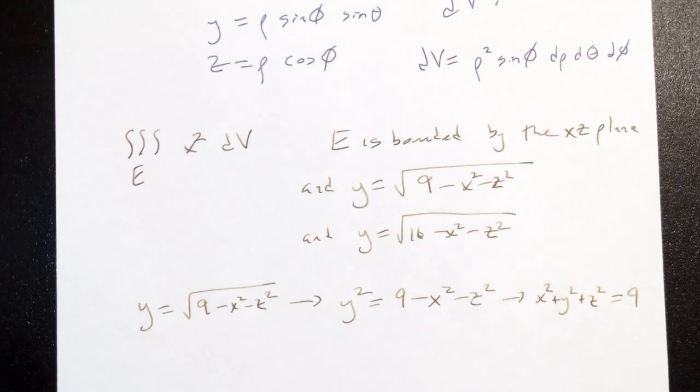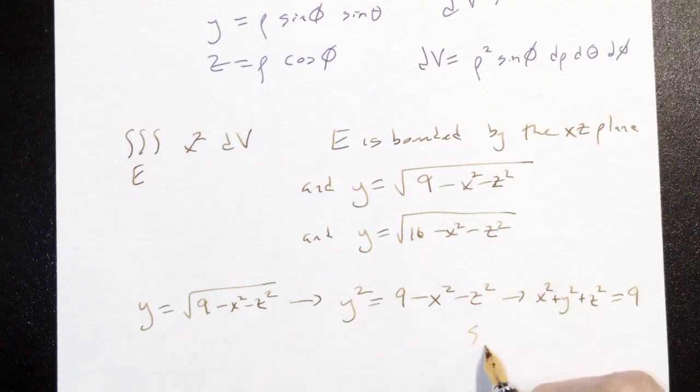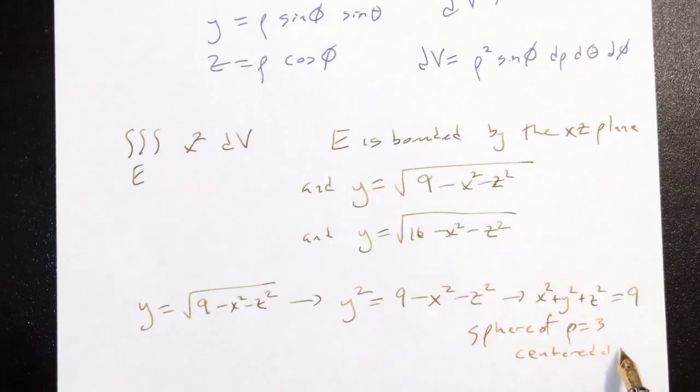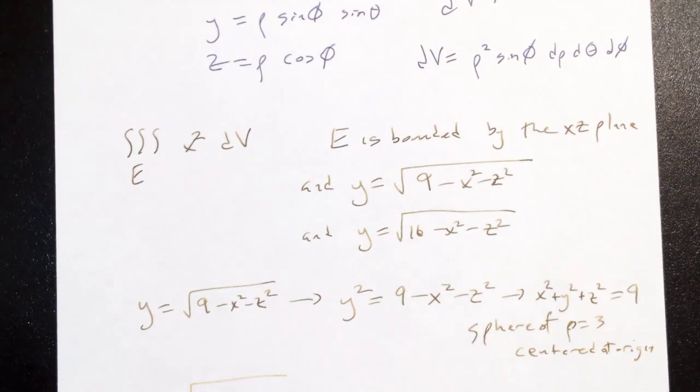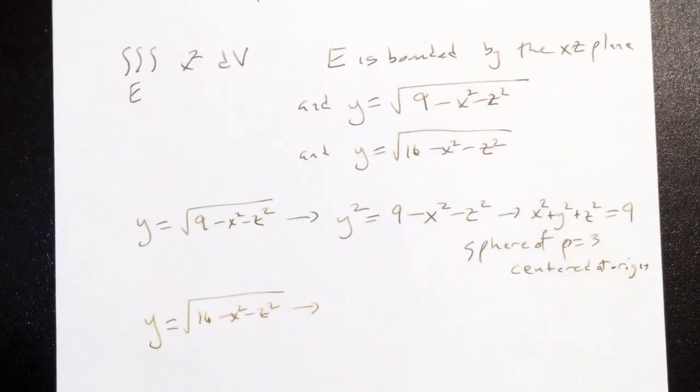A sphere of radius 3 centered at the origin. So what's the other one? Exactly, because it'll be 16.